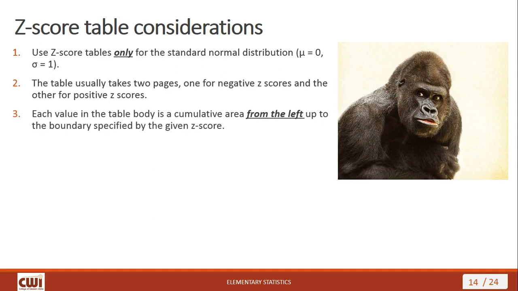Each value in the table body is a cumulative area from the left up to the boundary specified by the given z-score. Now, once in a while, you'll find someone who's published a z-score table where it's listing areas to the right. You can always tell what you're dealing with if you, typically towards the top of the table, see a graphical depiction of an area underneath a normal distribution curve.